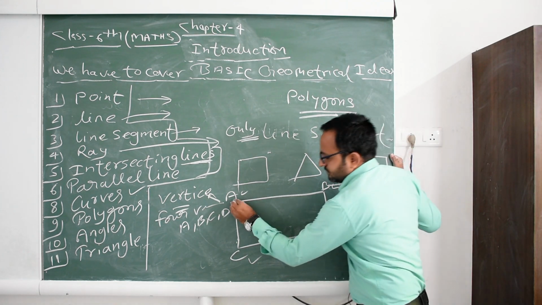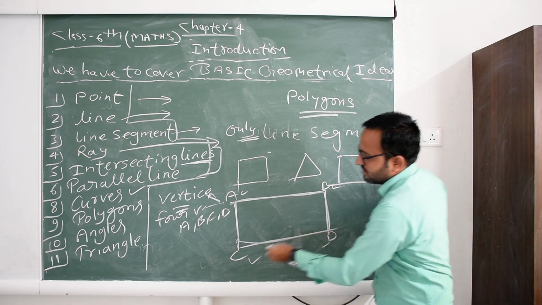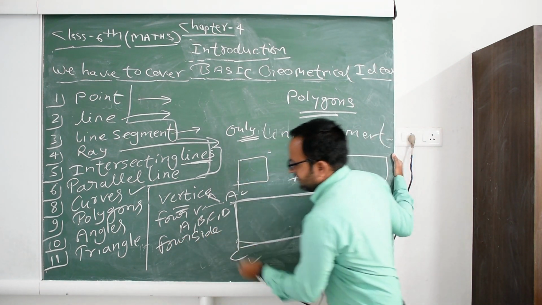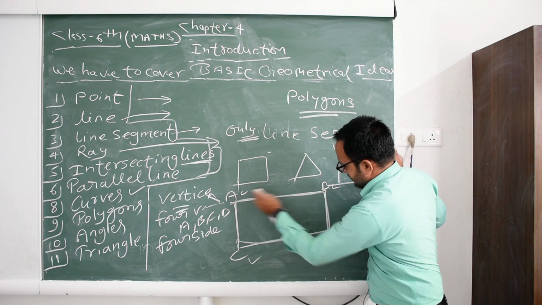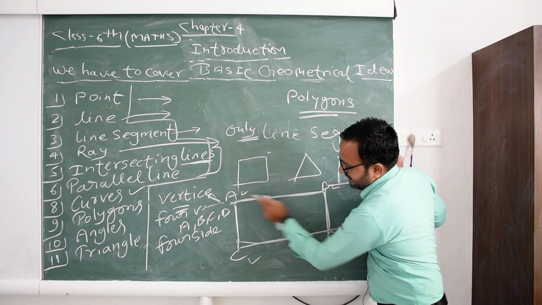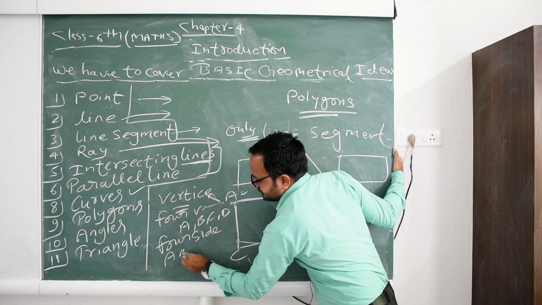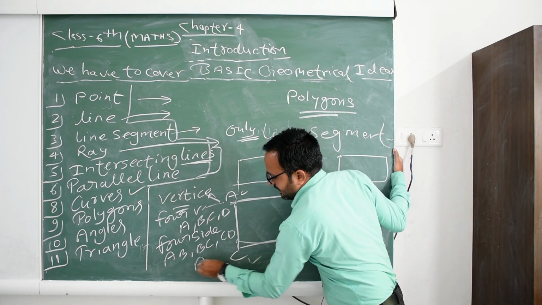And sides, how many sides? 4 sides. Which ones? AB, BC, CD and AD.